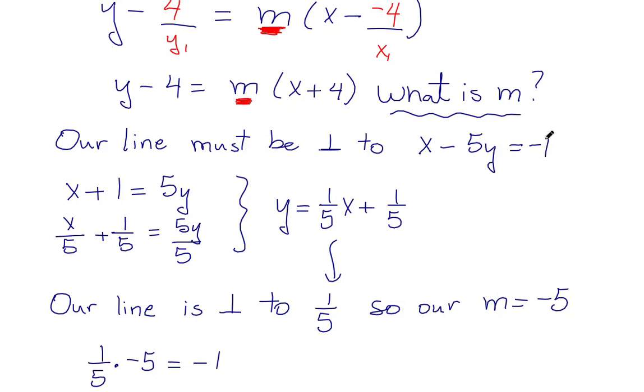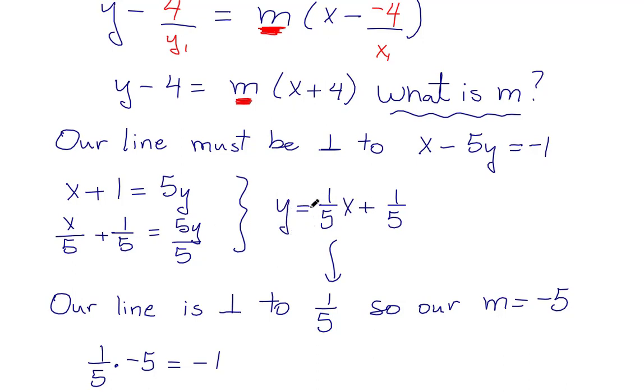So let's see. I'm going to move the 1, move the 5y. That looks better. Divide everything by 5. Okay, 5's cancel. X over 5 is the same as 1/5 x.